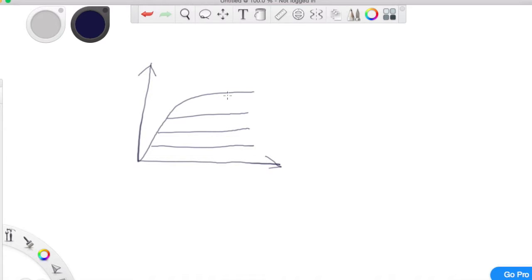So here is the graph, and you know that this is your active region, this is your saturation region, and this is your cutoff region.